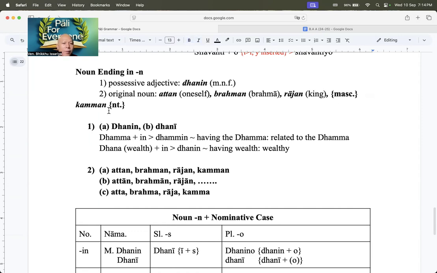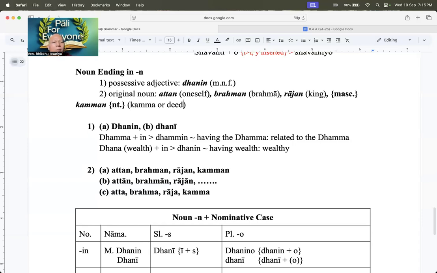But Gaman, so Gaman is deed, like Gamma. Gamma, or deed, or action, in this way their meaning. So Adam, Brahman, Rajan, they are not adjectives. That is why the first three were Adam, Brahman, and Rajan.